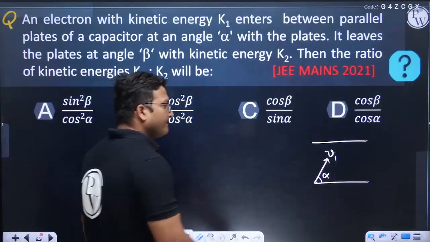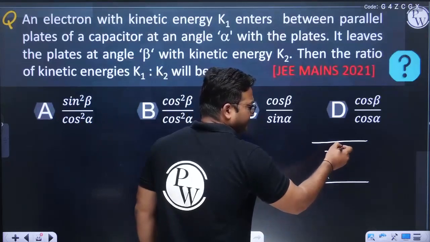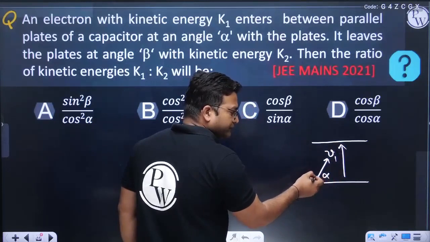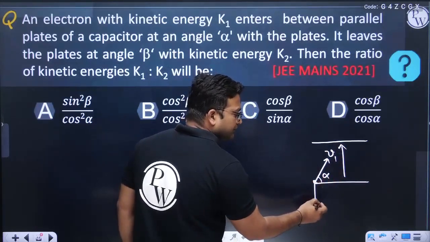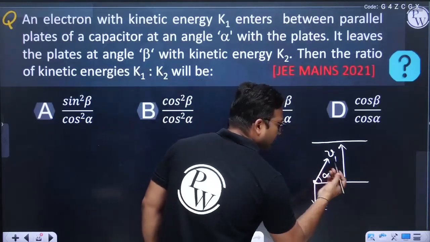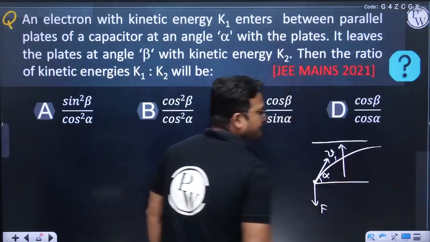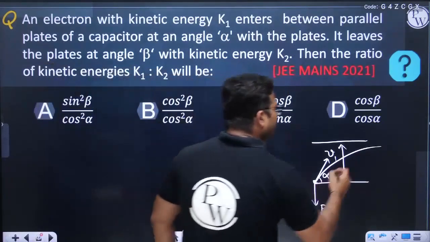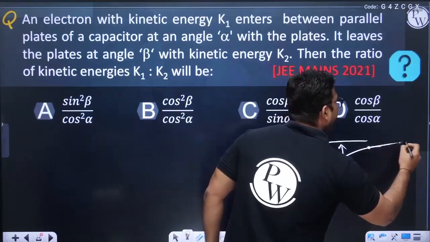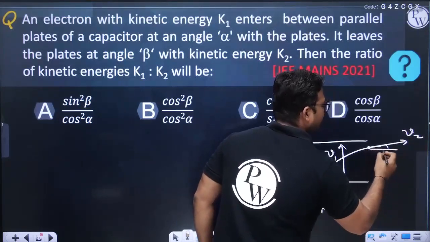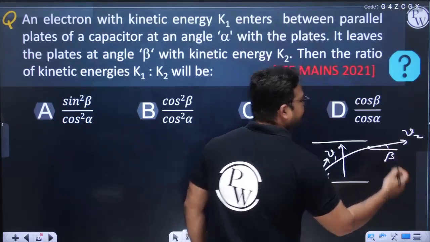Suppose the electric field is upward, the electron feels a force downward, and because of this force, the path of the electron will not be a straight line, it will be like a parabola. When it leaves the capacitor, let's say its velocity is V2, and the angle that it makes with the initial direction of motion is beta.